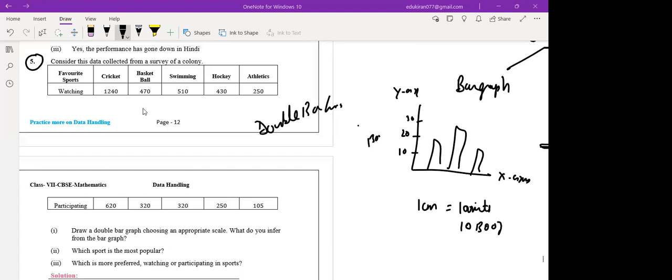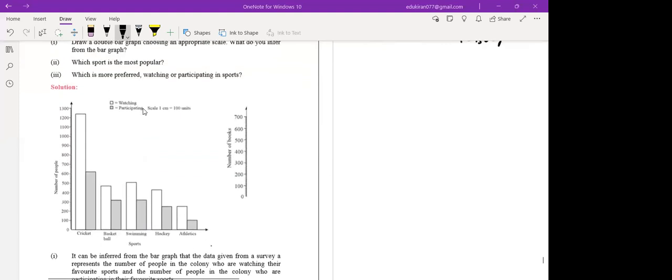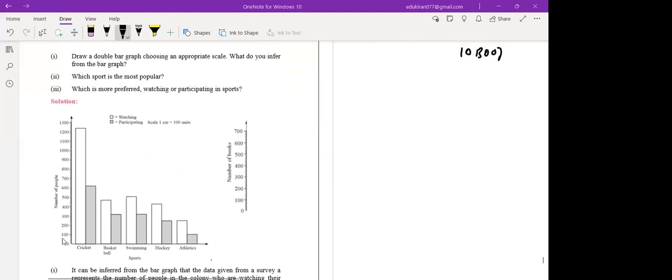Okay, so let's just discuss the answer. I hope your double bar graph looks like this, right? Now this is how it looks. Then this is watching and participating, right?